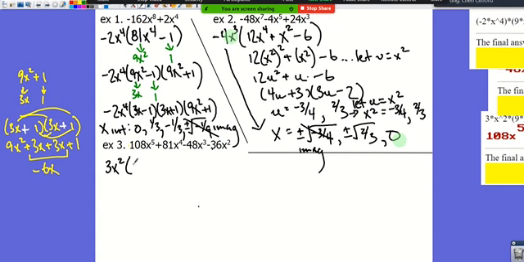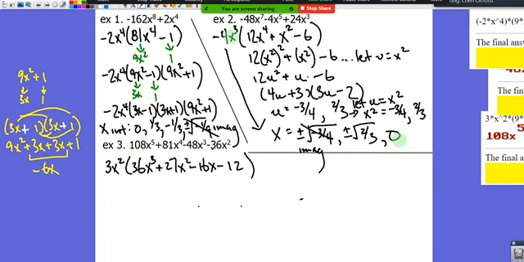What is this? 36? Yes. 36x cubed plus 27x squared minus 16x, minus 12.